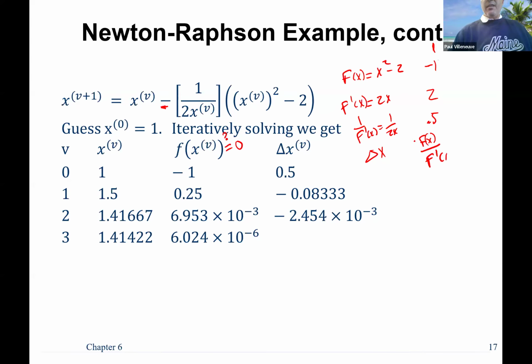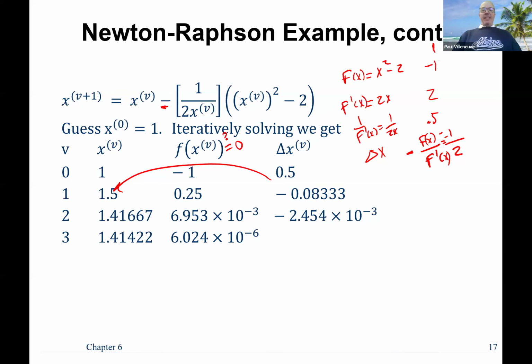So -1 over 2, and I have to have a negative number, is equal to 0.5. So a positive 0.5. So that number here gets added to the previous value. Then we do that again for 1.5 and check and see if that result is correct.